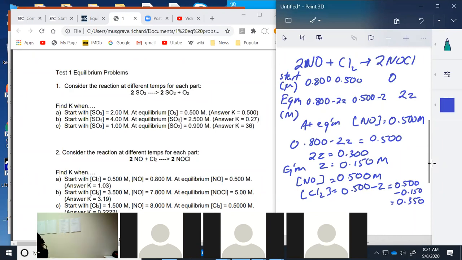And the last thing here is the NOCl, which is 2Z, which is 2 times 0.150, which is 0.300.